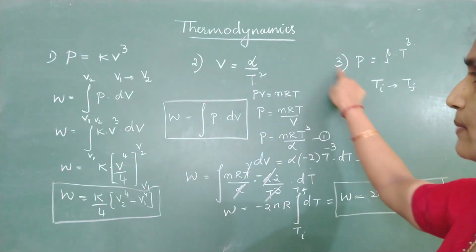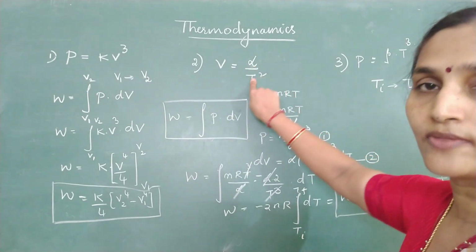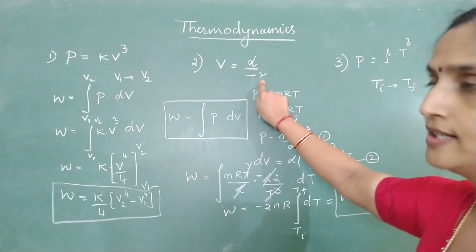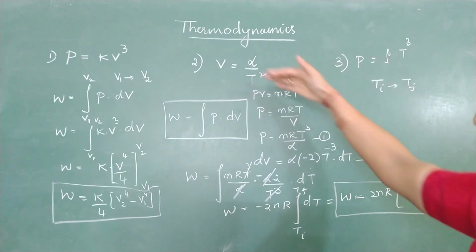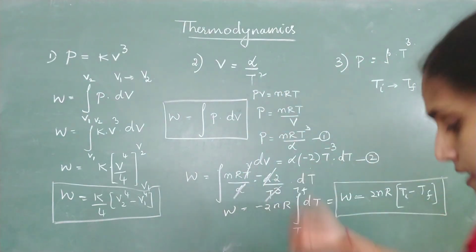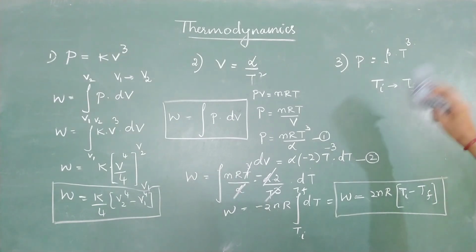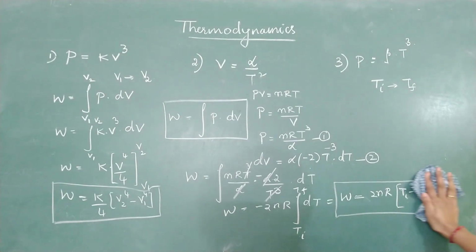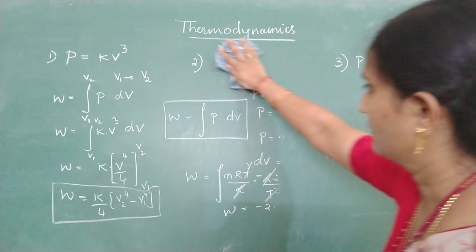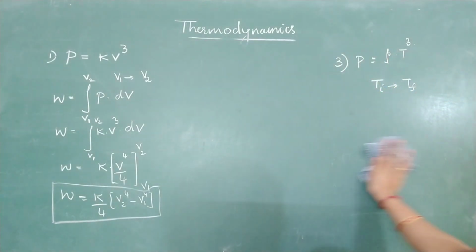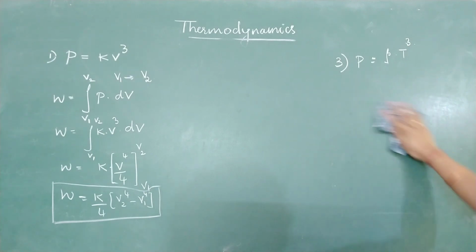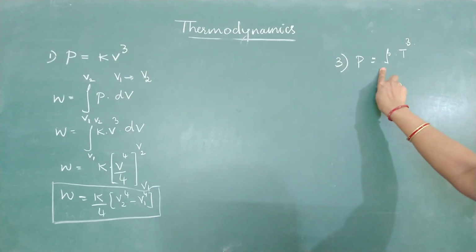Now look at the third example. In the previous example, we had volume as a function of temperature, whereas in this question, it is pressure as a function of temperature. Follow the similar procedure. Let's see what should be the answer. Okay, I'll erase the first one. Pressure is a function of temperature. This is your question.